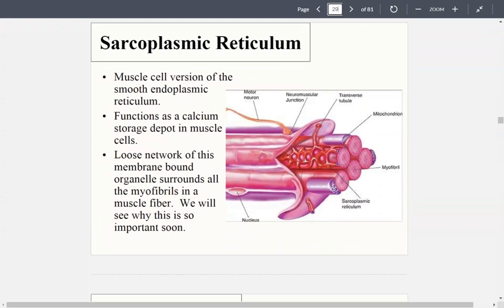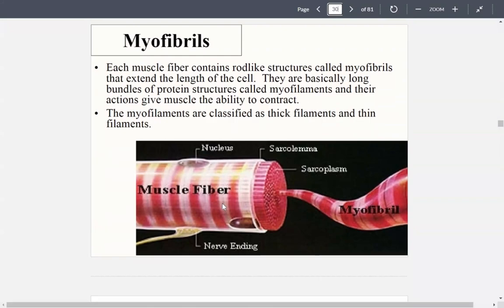This is going to be important for muscle contraction, and we'll explain in the next audio why that is. We're going to have a loose network of this sarcoplasmic reticulum throughout all of the myofibrils in a particular muscle fiber. And again, we'll explain why this is important in the next audio.